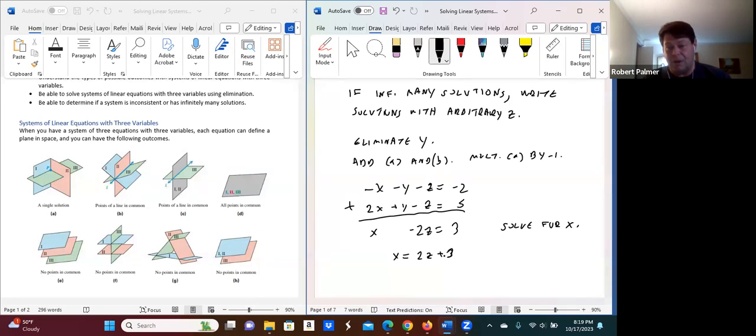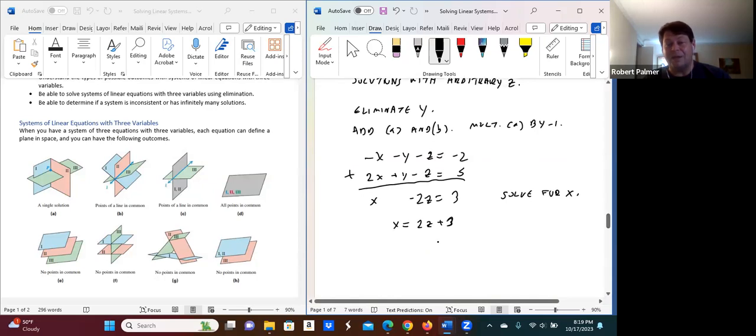What this means is, since there are infinitely many solutions, I can choose whatever z I want, and this will give me my x. Now I need to find y in terms of z.